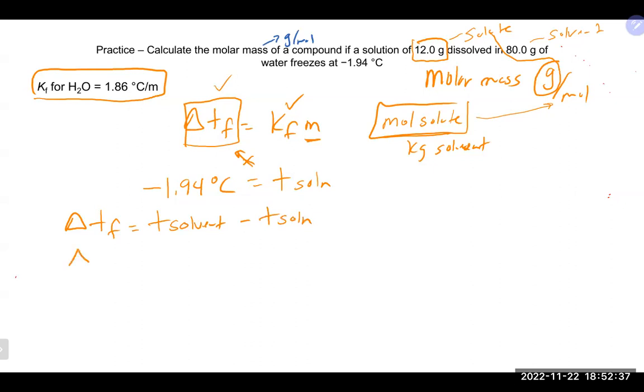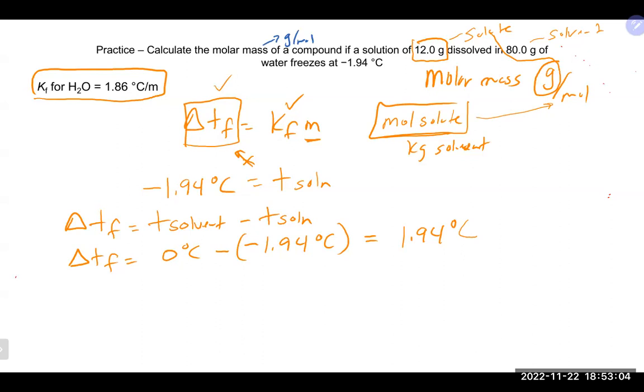And our change in freezing point would be 0 degrees Celsius for our solvent minus the temperature of the solution, which is minus 1.94 degrees Celsius. That is actually how we get rid of the negative that we don't want. It is actually the change in freezing point temperature; it went down by 1.94 degrees. And that is, again, how we try to turn it into a positive number.